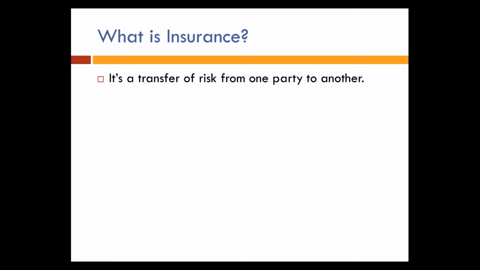You're taking a portion of your income and giving it to somebody else, so if something really bad happens, there is some recourse. You can't split the building in half and put it in two different areas. Very large businesses do this. We've seen this with some large companies that start to spread out across the country. But basically, transference of risk from one party to another is the definition of insurance.